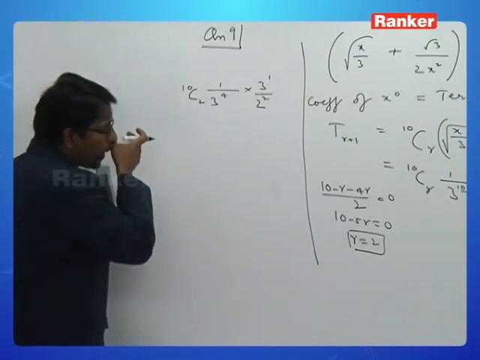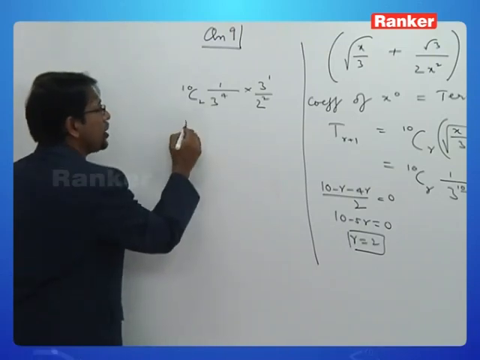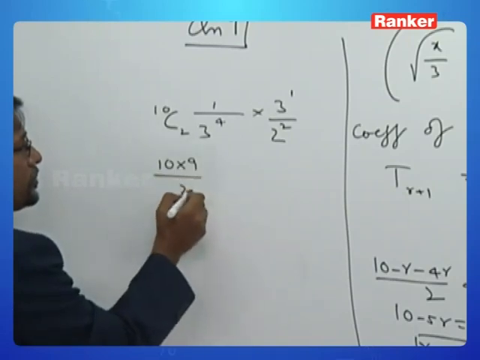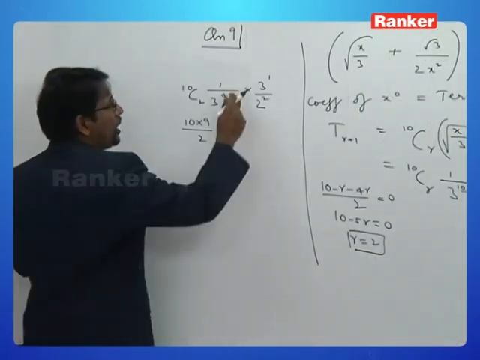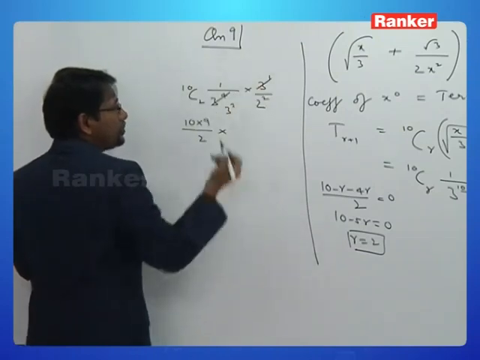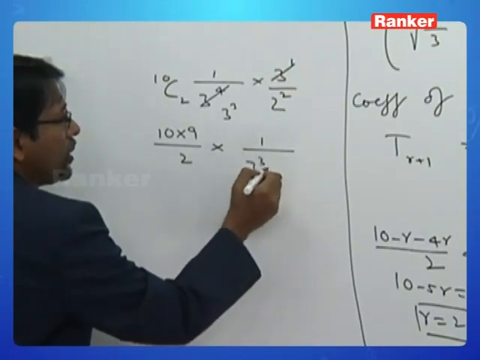And after simplification, let's see what this turns out to be. 10C2 is 10 into 9 by 2. And we have here 1 3 cancels here. So we have 3 cube, and we have here 1 by 3 cube into 2 square.